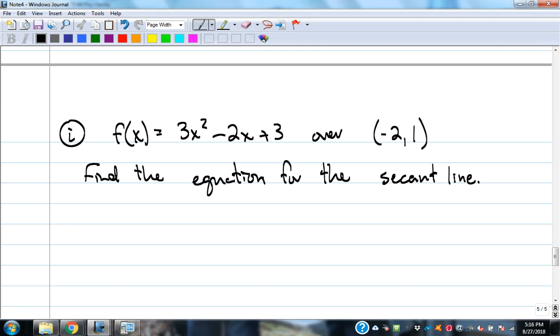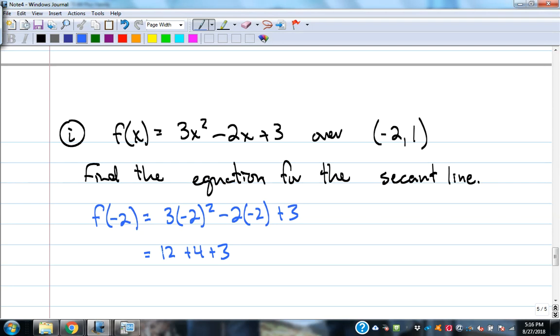So the first thing we've got to do is find the average rate of change over that interval. So what we've got to find is f of -2. That'd be 3 times -2 squared, minus 2 times -2, plus 3. Working that out, 4 times 3 is 12, plus 4, plus 3. So 7 and 12 is 19.